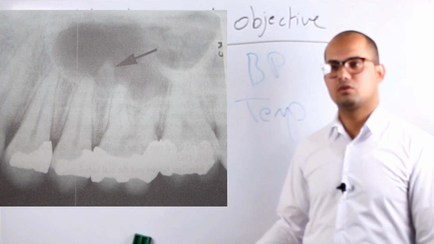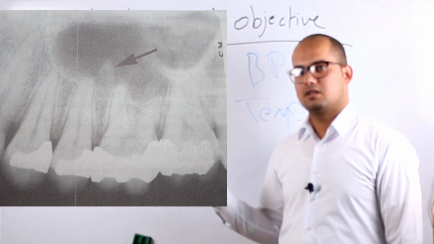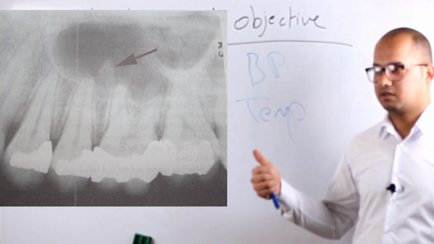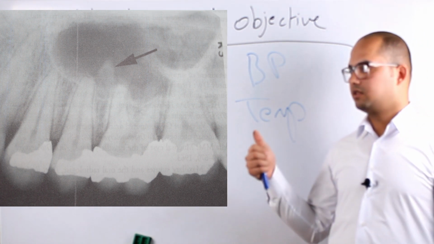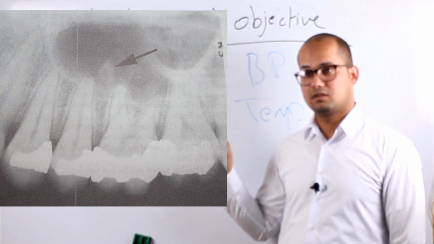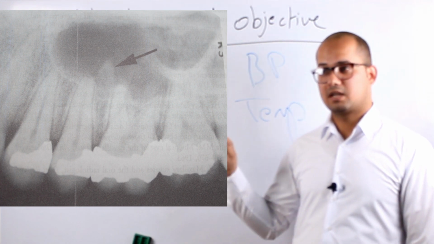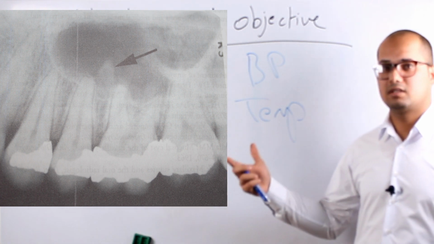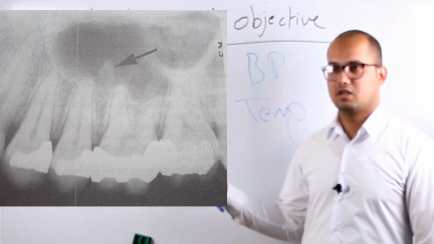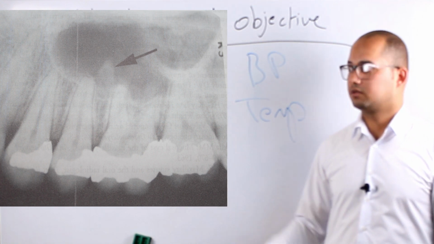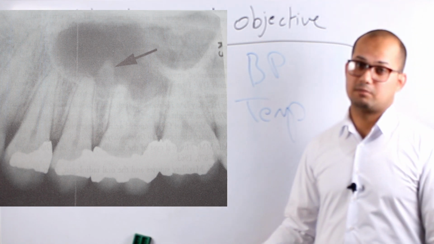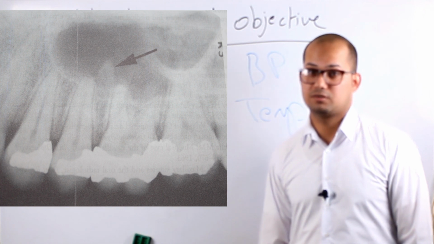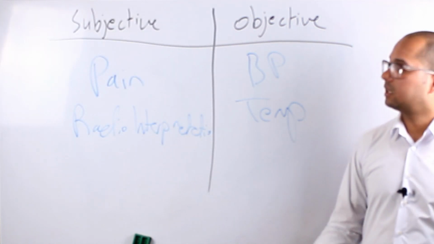But if we look closely, there is no pulp space in that fragment, and the bone trabeculation in that fragment is the same as the adjacent bone, so it is bone hyperostosis within the sinus wall. It is not a root fragment. We misinterpreted that image.